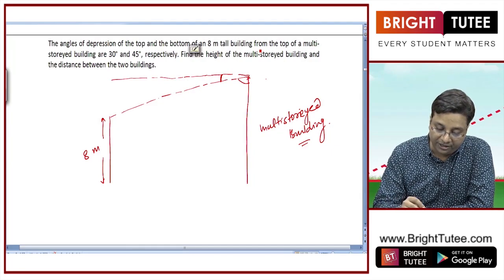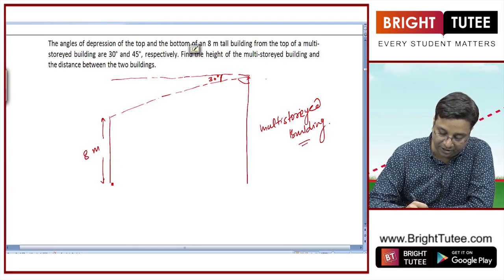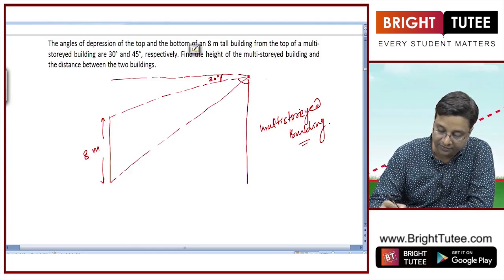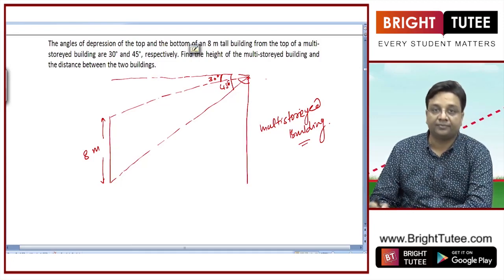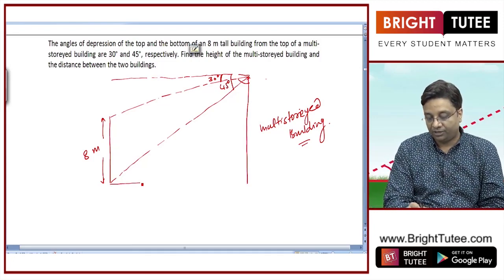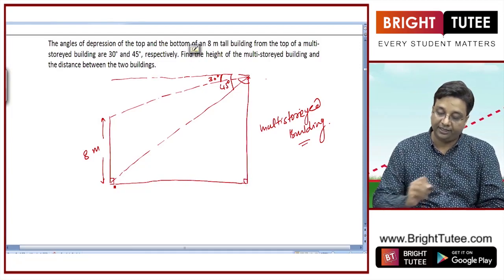So the angle of depression of the top is 30 degrees and the angle of depression of the bottom of this building is 45 degrees, right? Now if I draw this horizontal line here, these are 90, 90.